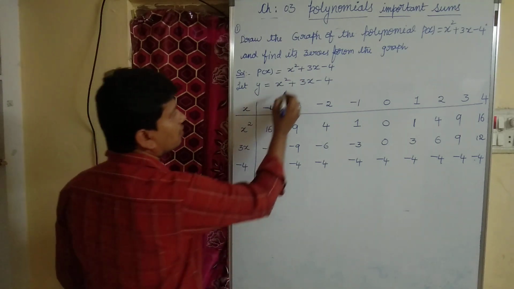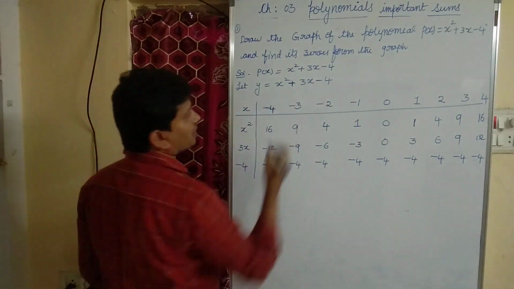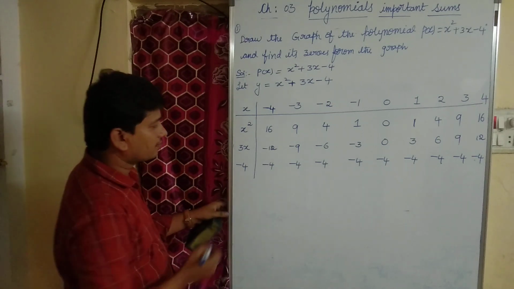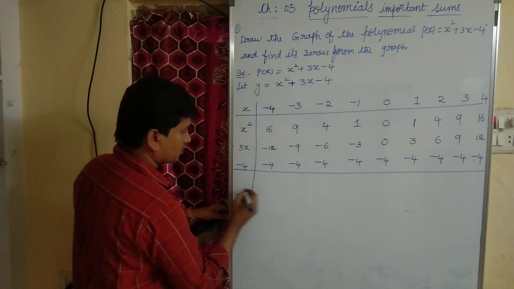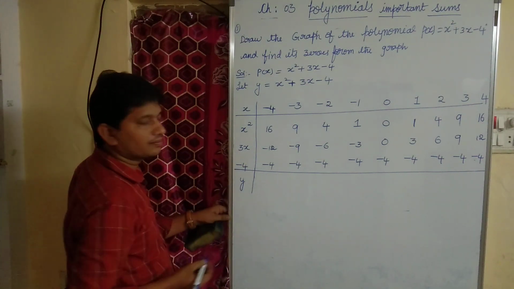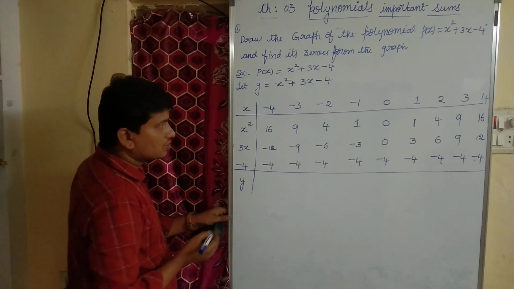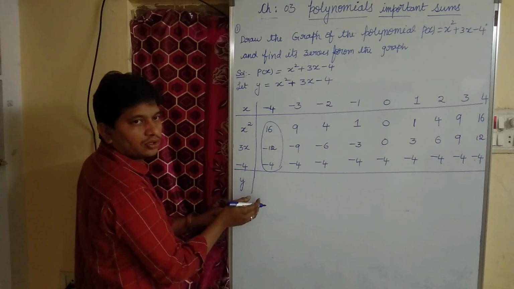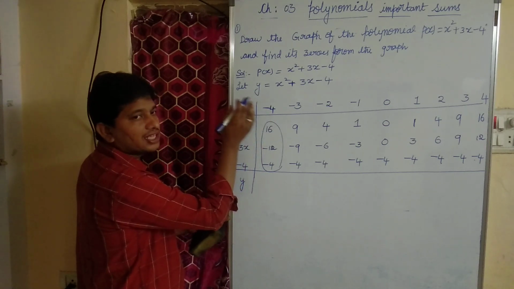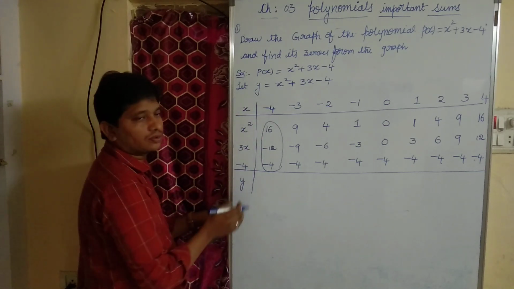In between we have the operations plus and minus. So let us add these values, which we consider as y. We should add only these 3 values, children. Don't add this minus 4 because we are considering it as the x value minus 4.